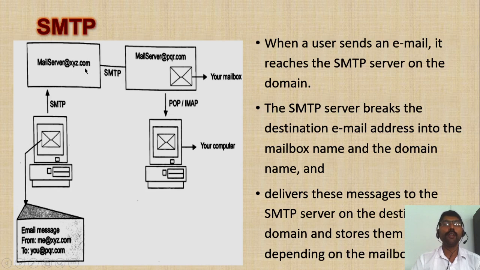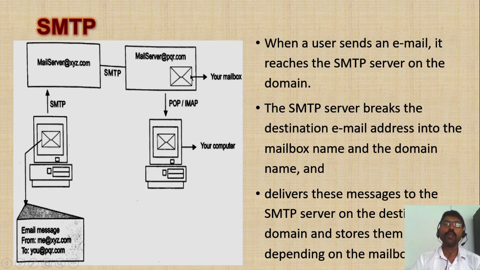Once it identifies that, it sends the mail to the destination mail server using SMTP. Once it is received by the destination domain, it reads the mail and extracts the mailbox, the first part of the address, and searches for the mailbox in the server.